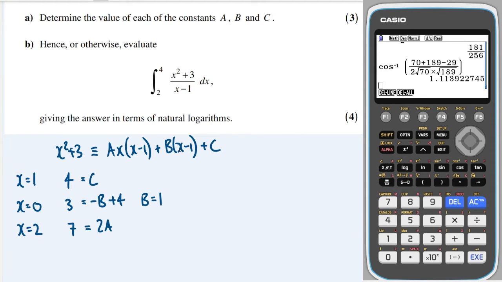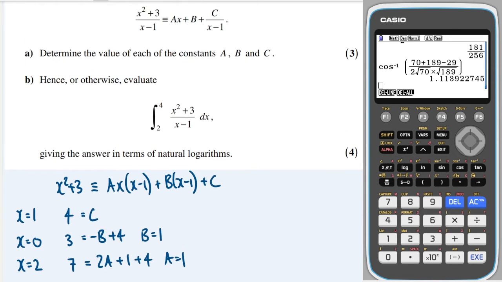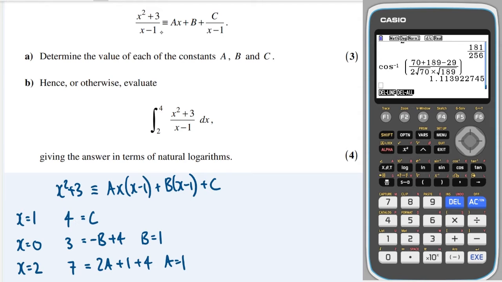We'll get 2 minus 1 is 1, times by b is just 1, and then plus 4 is c. And this will give me that a is equal to 1. Alternatively, you could just divide x squared plus 3 by x minus 1 using long division.